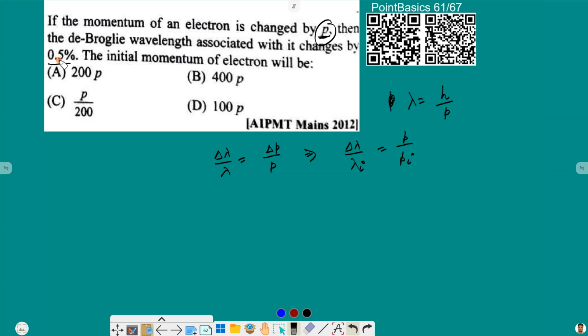Now this change in lambda is given in percentage, so we multiply 100 on both sides. So this change is equal to 0.5%.